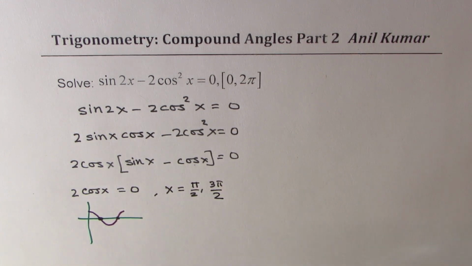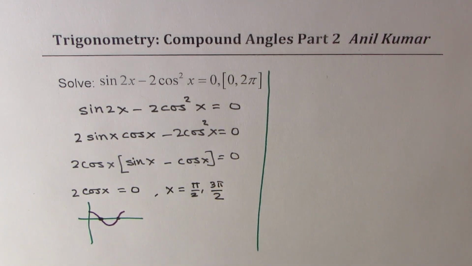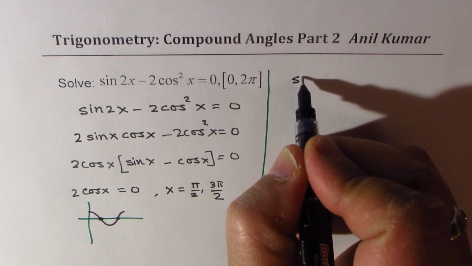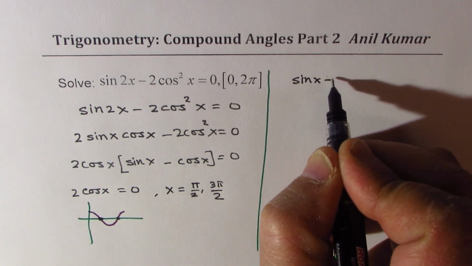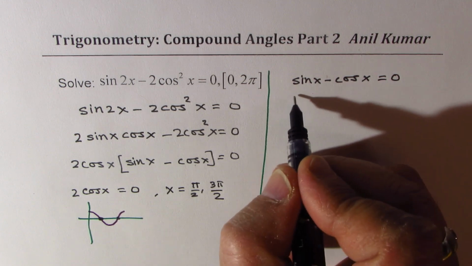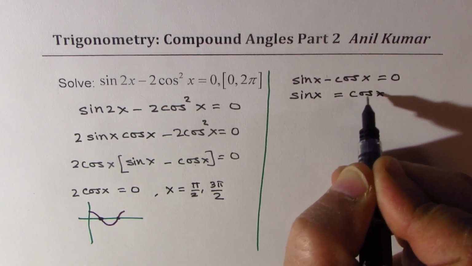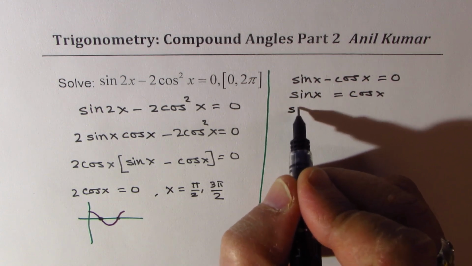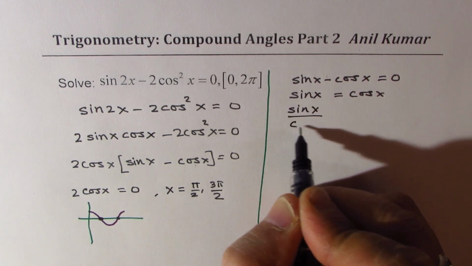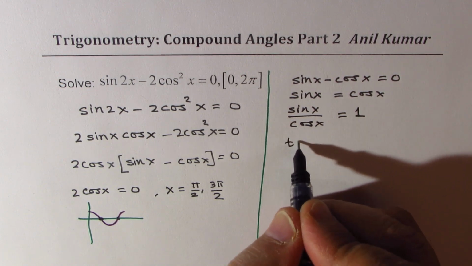Correct? Now let's find the zeros from the second factor, which is sin x minus cos x equals 0. You can take it to the other side. So you get sin x equals cos x, and then divide. So we get sin x over cos x equals 1, and that is tan x, correct?